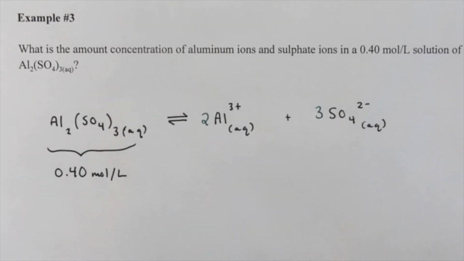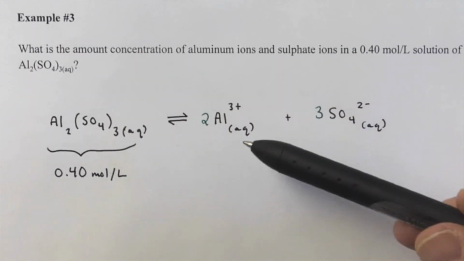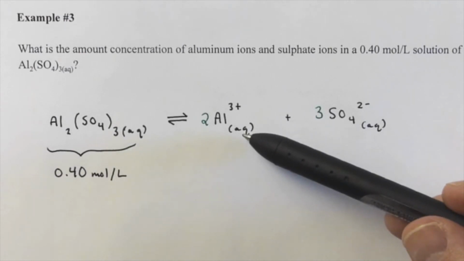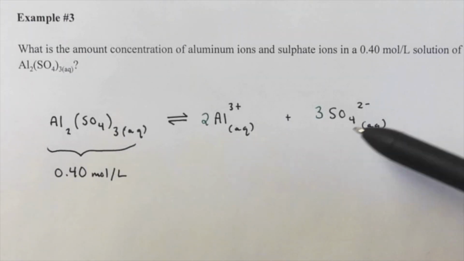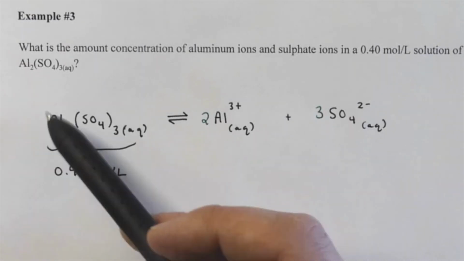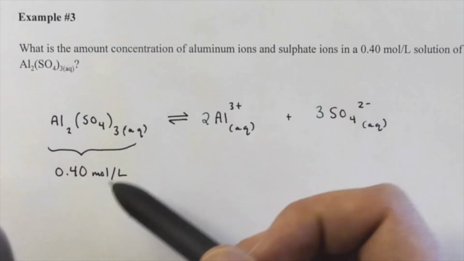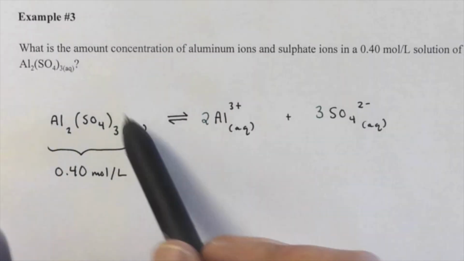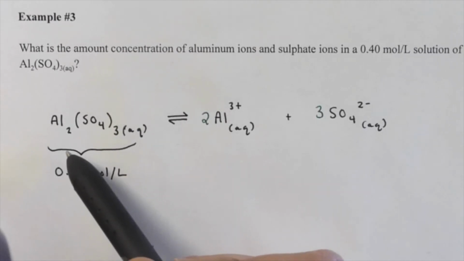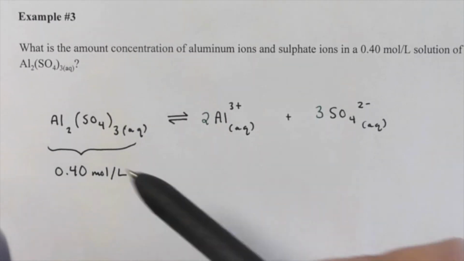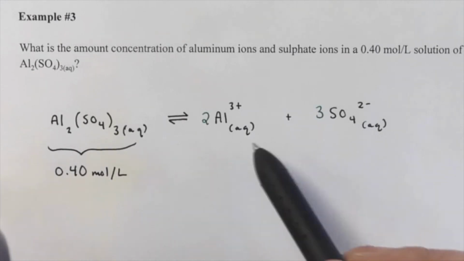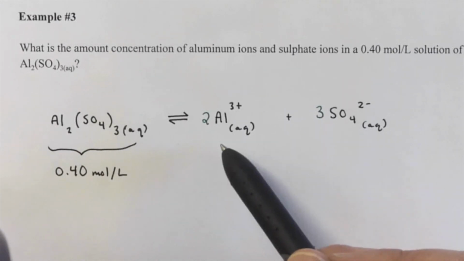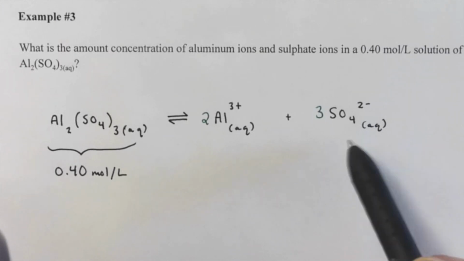But here's what happens: when aluminum sulfate dissolves in water and forms a solution, it releases 2 aluminum ions and 3 sulfate ions for every mole of aluminum sulfate. When we talk about aluminum sulfate as one entity, we say it's got 1 mole. If I have 1 mole of aluminum sulfate, when that's broken up and released into its dissociated ions, the product is 2 aluminum ions and 3 sulfate ions.